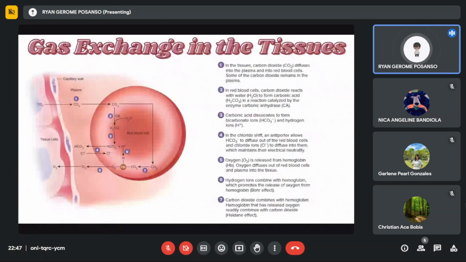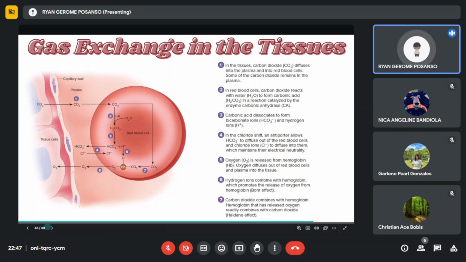So next is the gas exchange in the tissues. Basically, oxygen-rich blood from the lungs travels through the arteries and arterioles here, eventually reaching tiny capillaries in the tissue here. As you can see, the tissue cells are here.